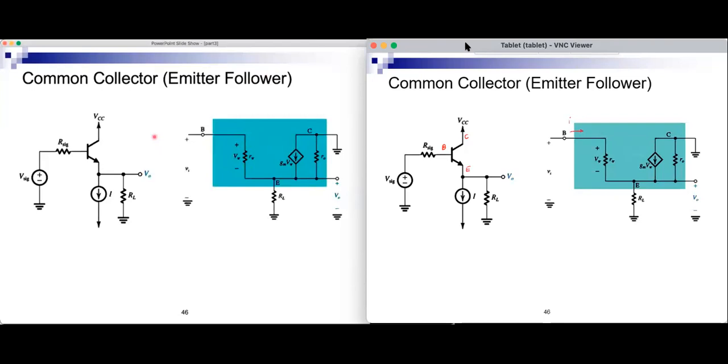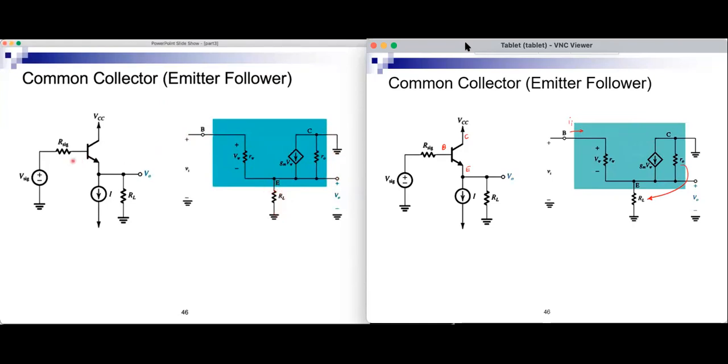Okay, so we can use the same technique. RO is actually in parallel with RL because it's from the output to ground. So RO will appear here, and we can do that.